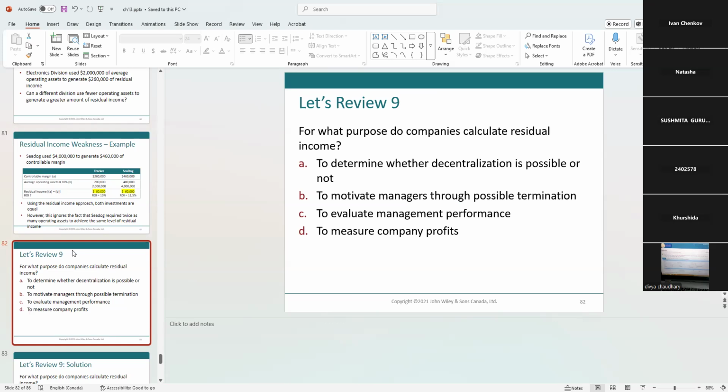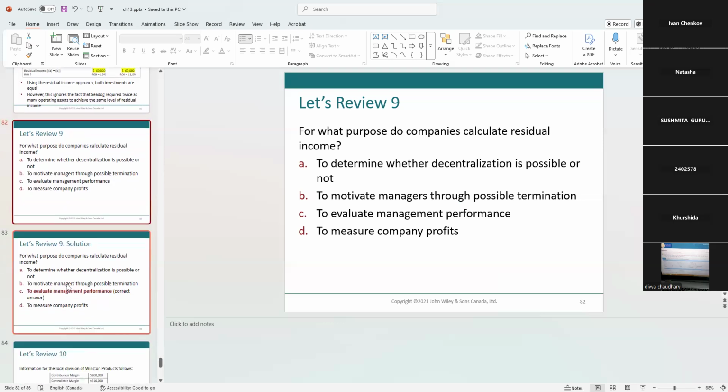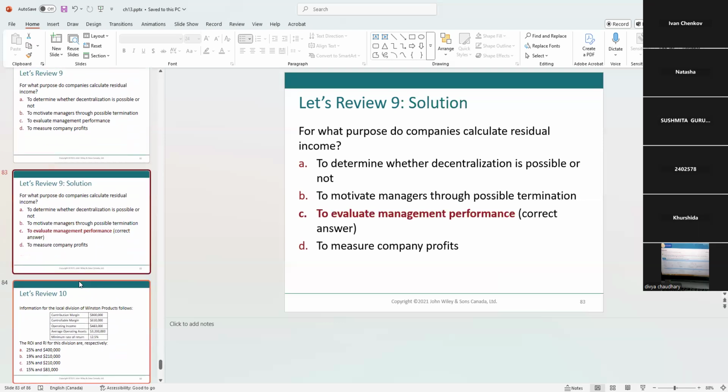We can say it's not A. That's correct. What else is not? It's not D. Definitely. Can we encourage them for possible termination? I guess that must be the answer. So which one? C. By elimination, you're going to go to C, yes. And C will be the right one to evaluate the management performance.